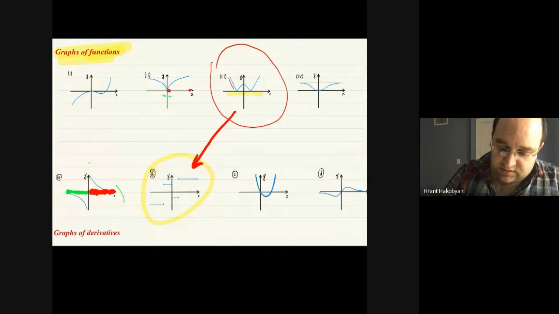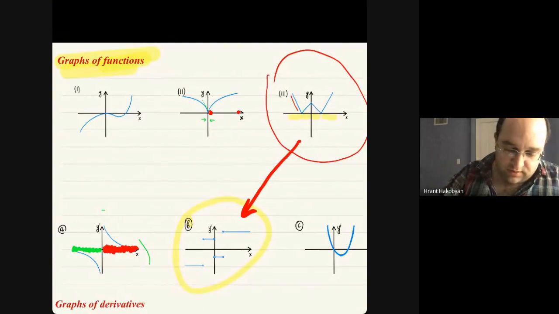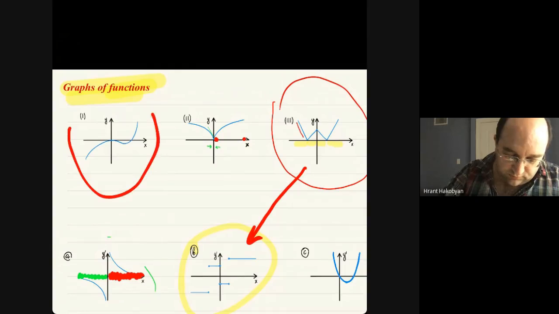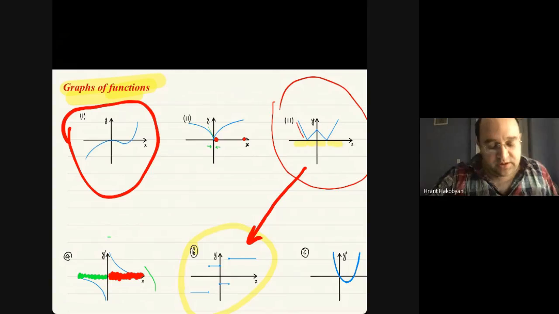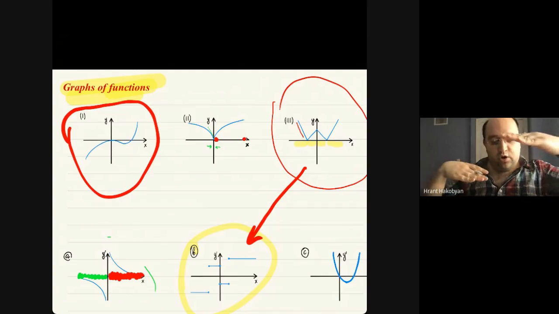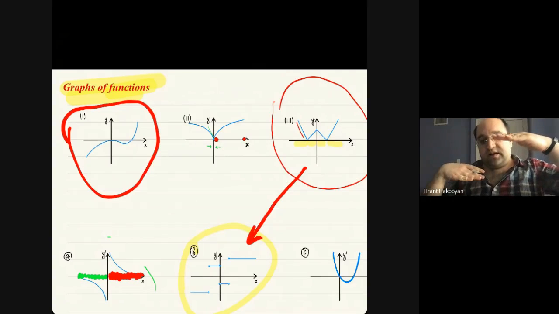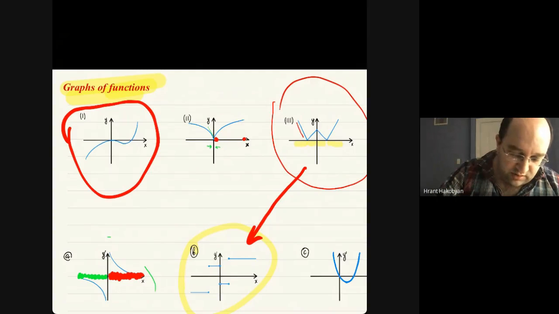So let's look at a different example. Let's look at this example here, the first one. Okay, so looking at an example like this, the first thing we should try to do is to figure out where this function has a slope that has a horizontal tangent, and the points are this one, this one here, and this one here.